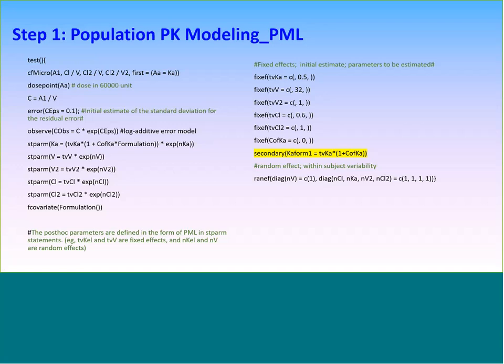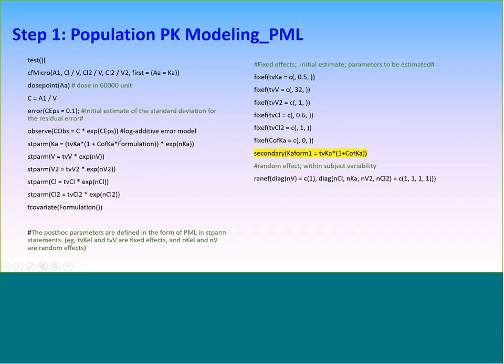One thing a little different from the usual code is the covariate effect, dCOFKA, right here, which is coded to identify that formulation is a covariate effect on the rate of absorption of the model.